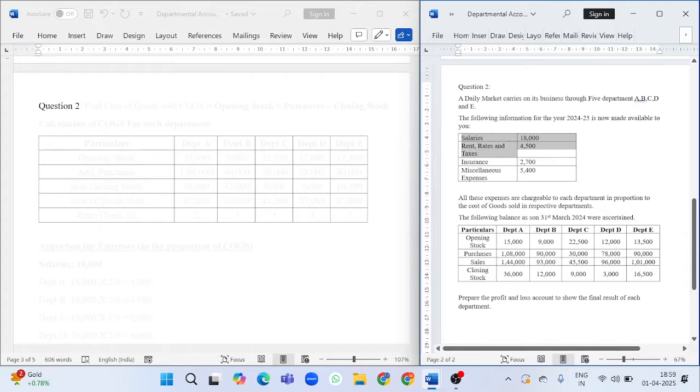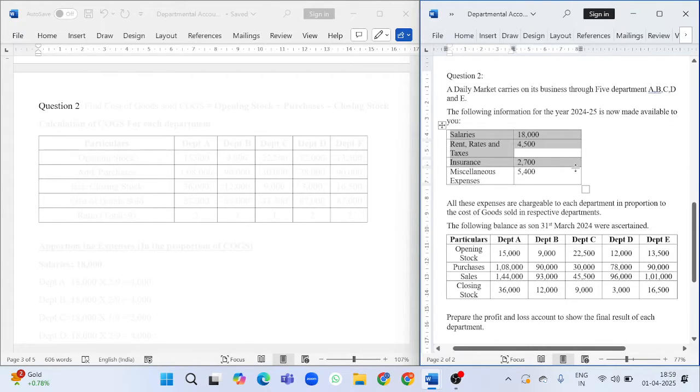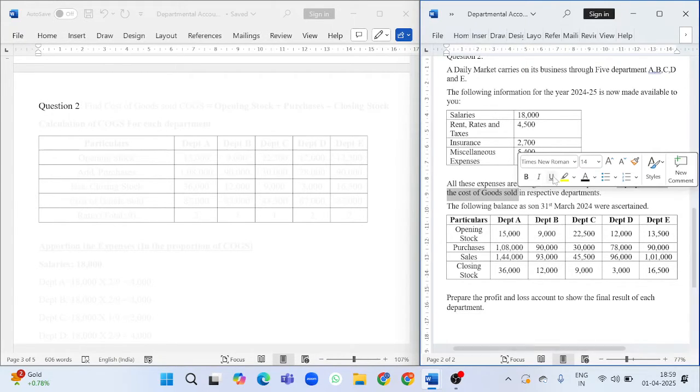Salary 18,000, rent, rates and taxes 4,500, insurance 2,700 and miscellaneous expenses 5,400. All these expenses are chargeable to each department in the proportion of cost of goods sold.